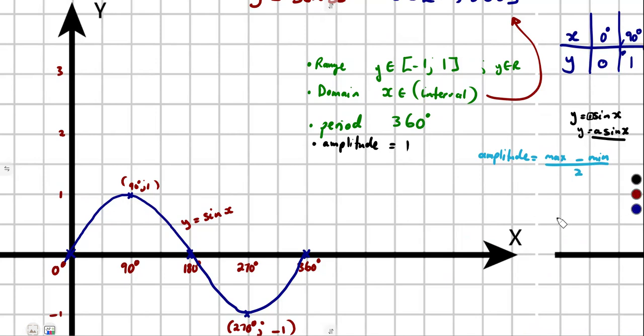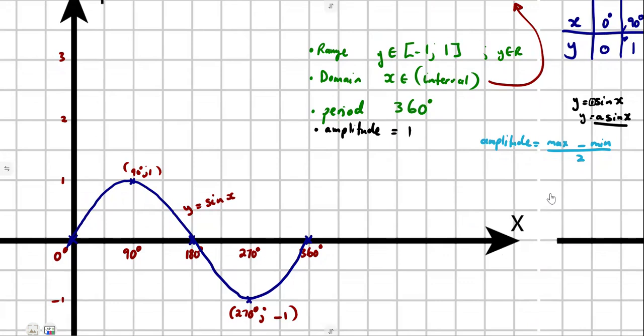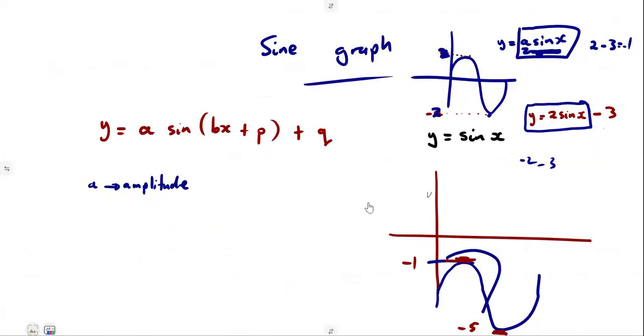But when there is a shift on the graph that you're given, you cannot just look at that point and say, at minus 1, so I'm going to use minus 1 as the amplitude. No, you must calculate it properly.